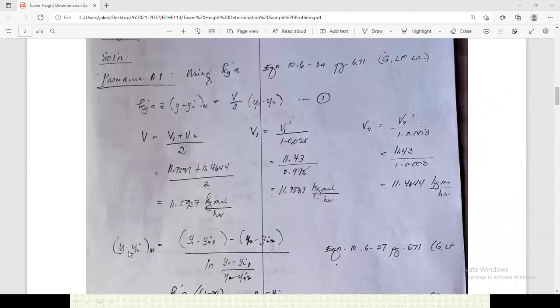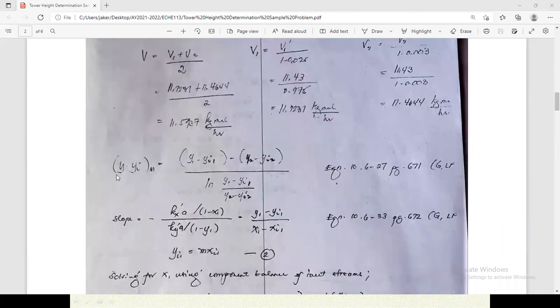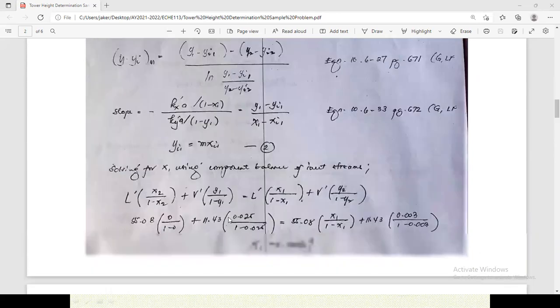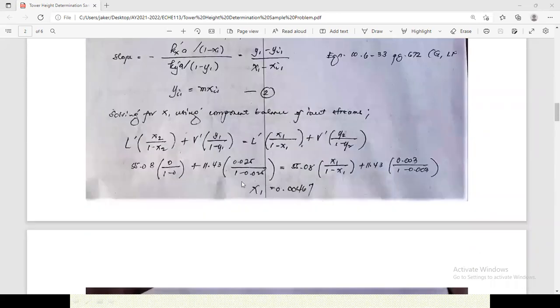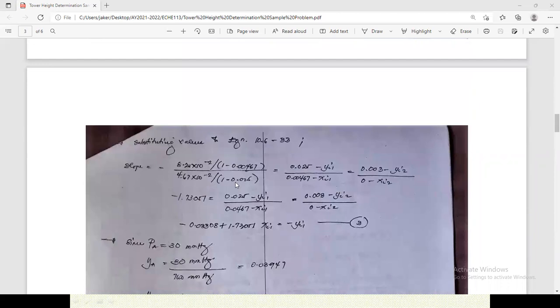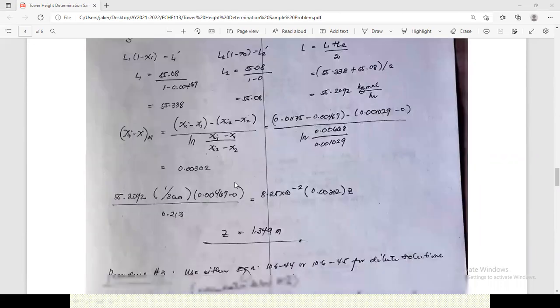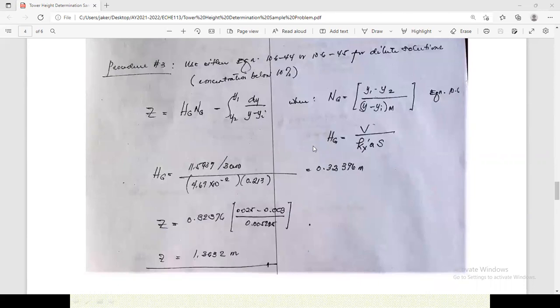If we do not have this yet and we're starting the procedure 3, or this is procedure 3 that we're solving, there's a need for you to do this. Everything that was done in procedure 1 to determine the quantity y minus y sub i subscript m.